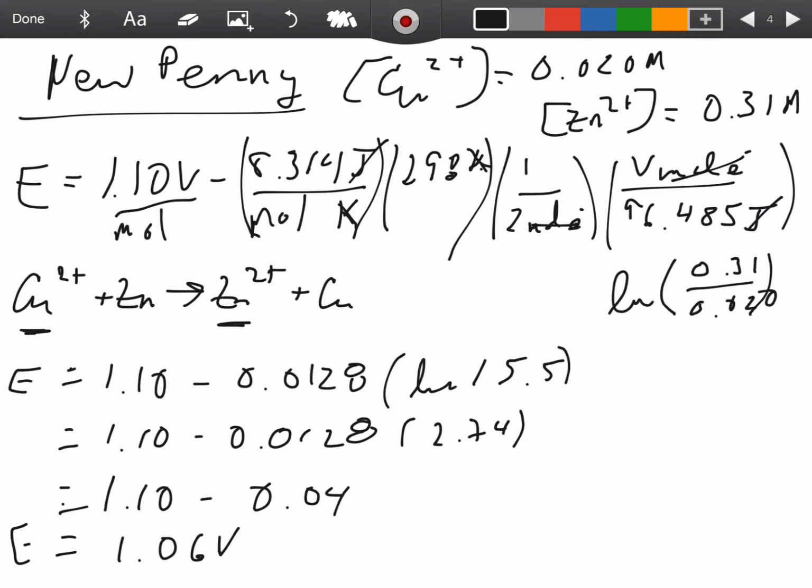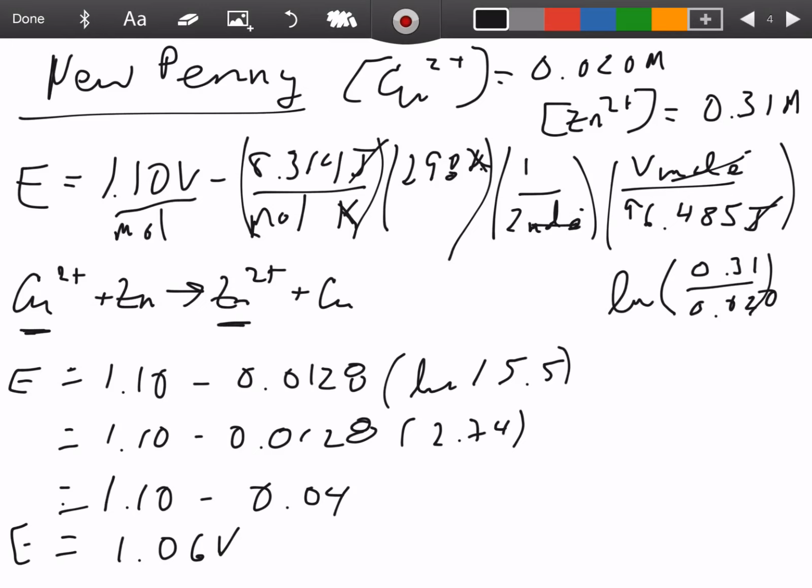What would happen if I were to add more zinc 2 plus to this solution? If I dissolve a bunch more zinc 2 plus, my voltage would get even less, because I would have more product, which gives a bigger number to subtract from that 1.10. As this reaction moves forward, I start precipitating out copper.